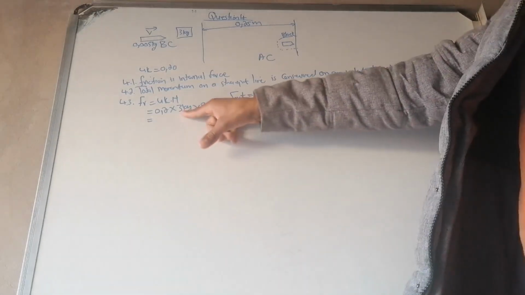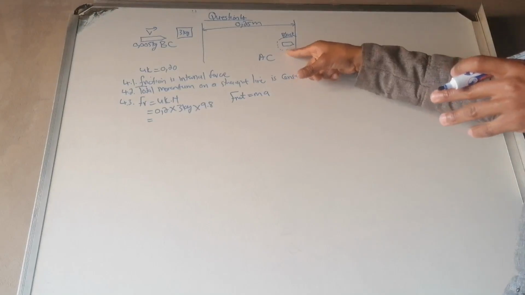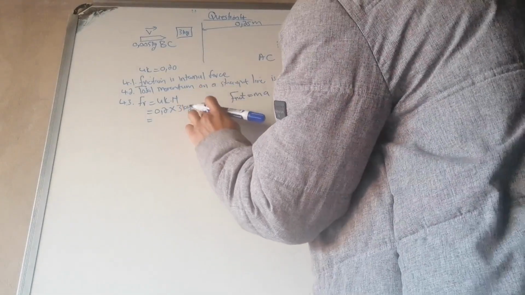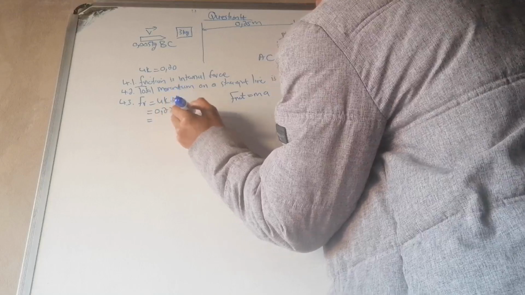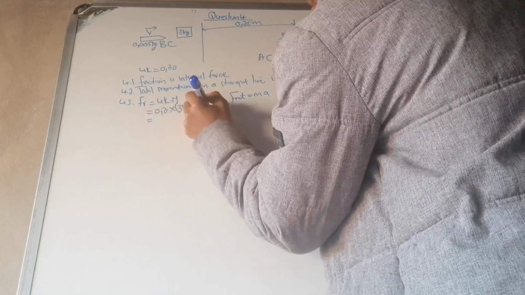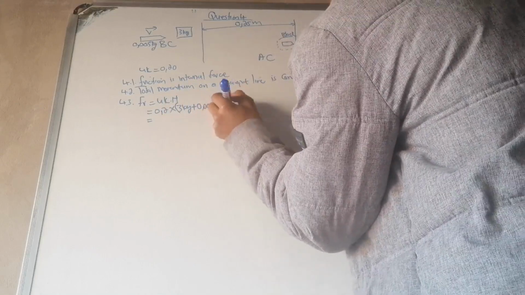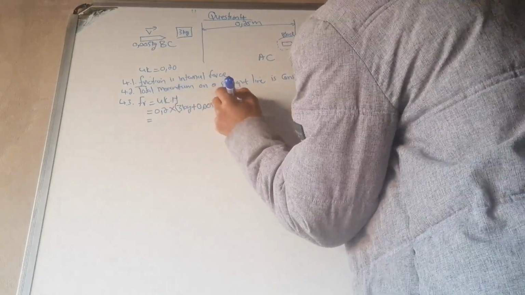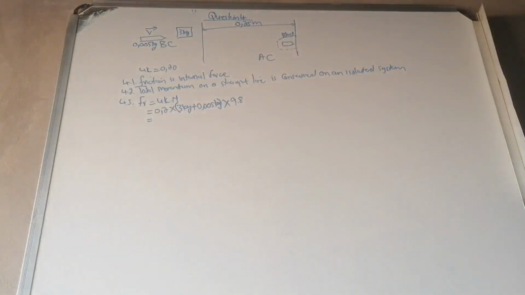So the normal force there has to be the normal force that is acting after the collision. So what I'm going to do is 3 kilograms plus 0.005 kilograms, and I'm going to multiply this by 9.8. That's exactly what I'm going to do there.